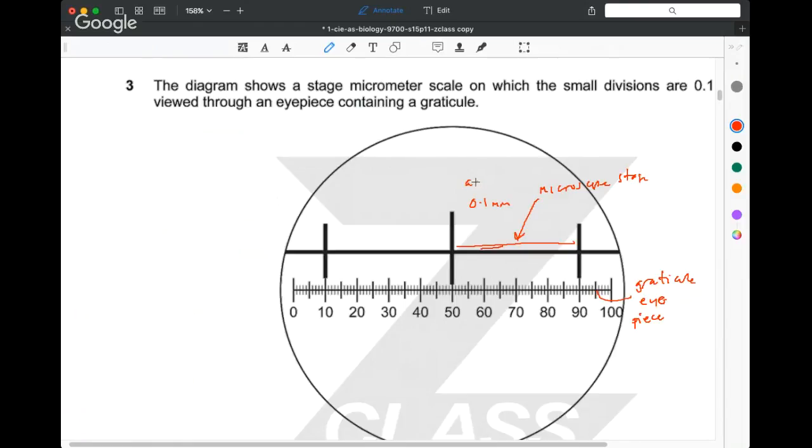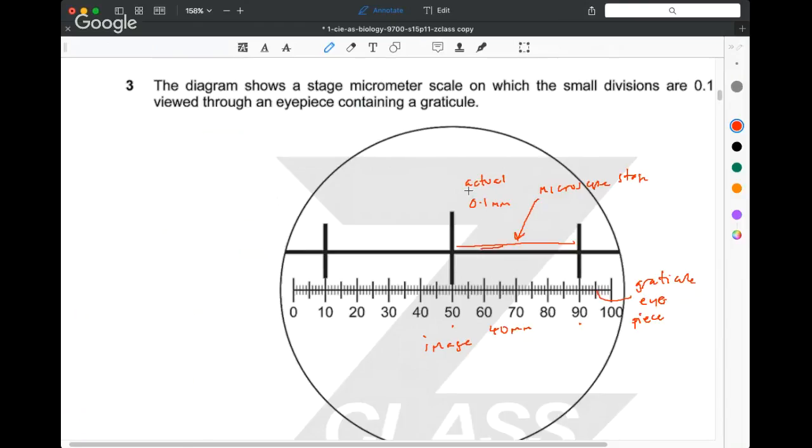So that's the actual size of an object on the microscope stage, because they've placed this tiny little ruler on the microscope stage, and it's now magnified, and the image size is then the image size that's measured with this graticule in the eyepiece. And if you see there, we're going from 50 to 90, so there's actually 40 millimeters along that graticule scale, and that is the image size.